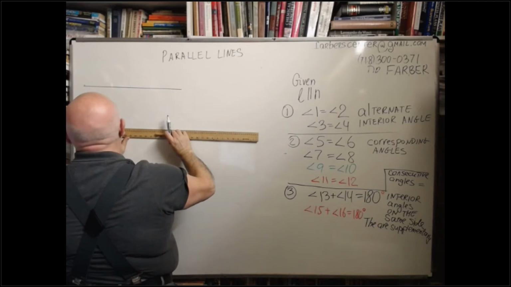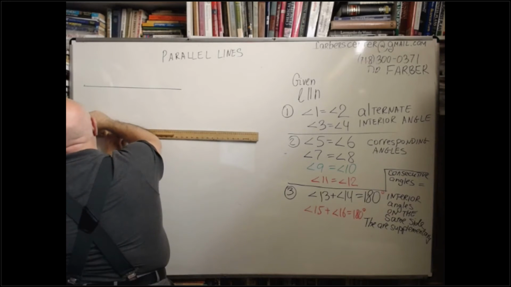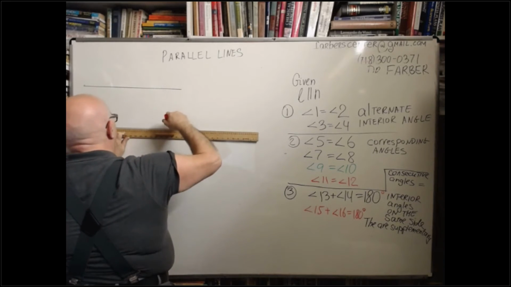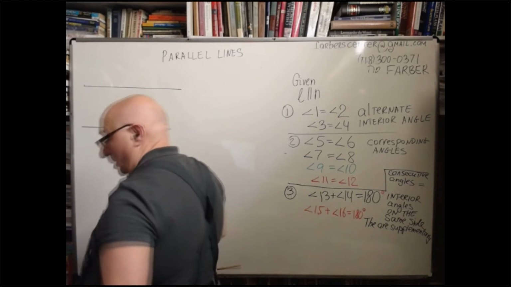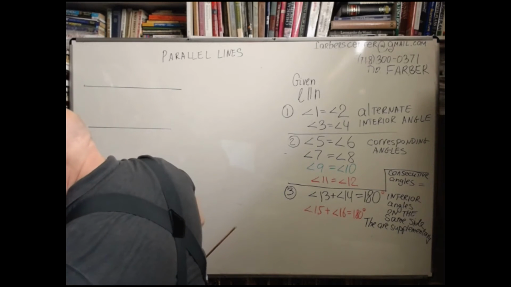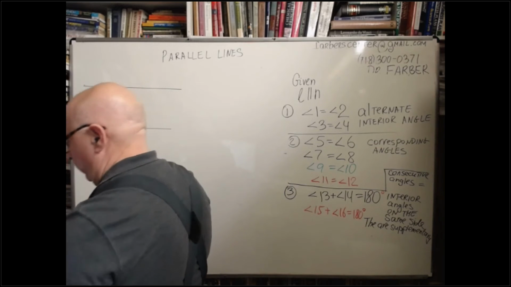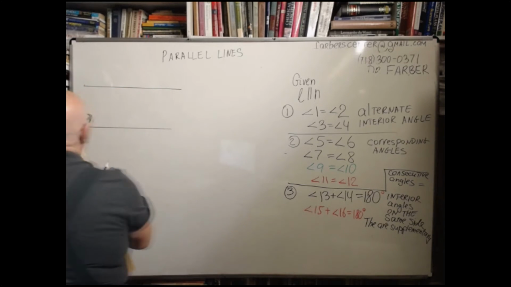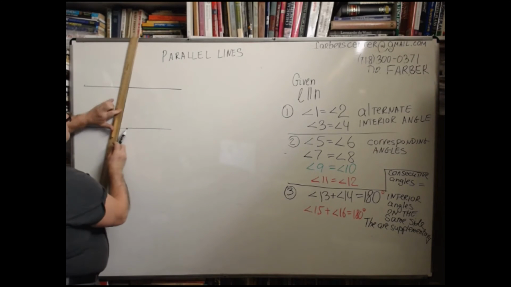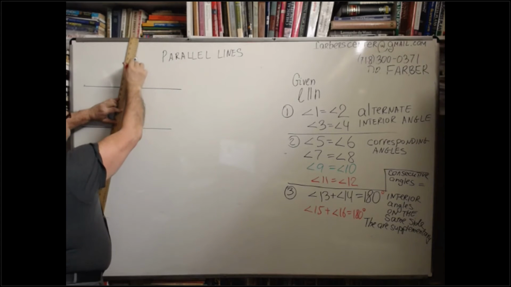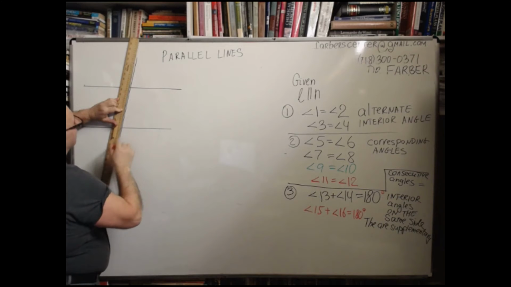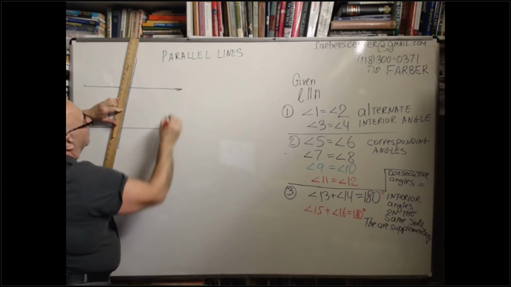I'll not make it too big to have room for another problem. And I put here some values. For instance, this is transversal. One.